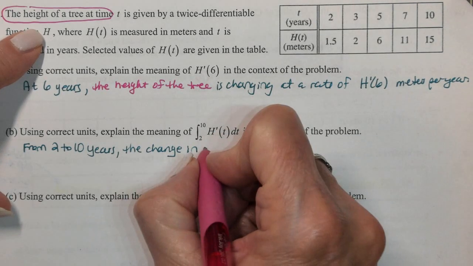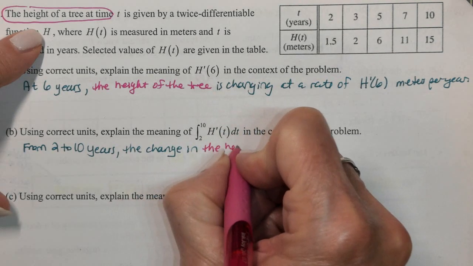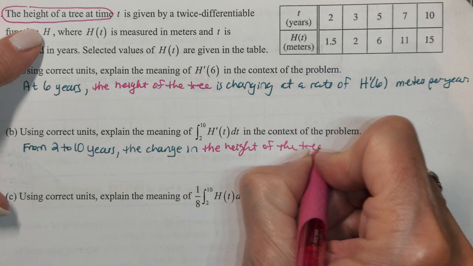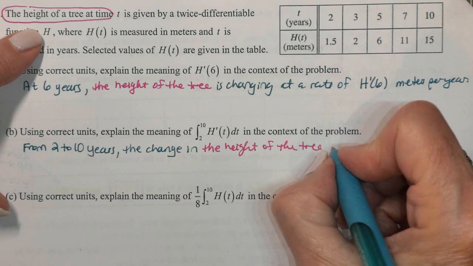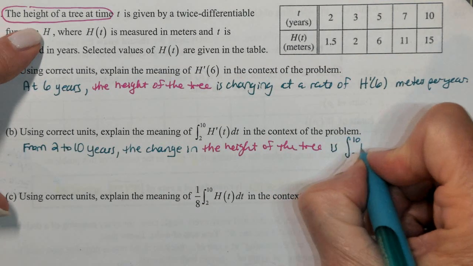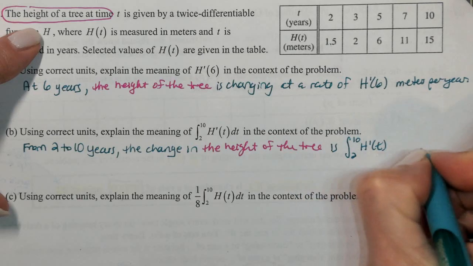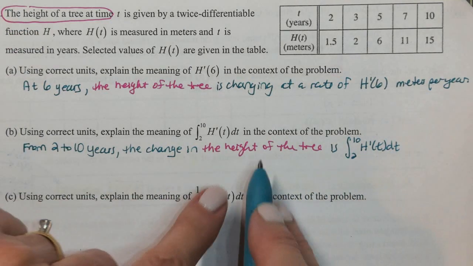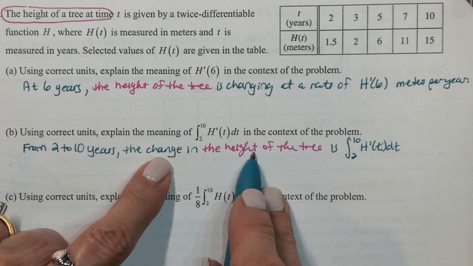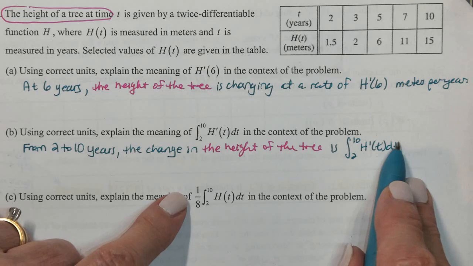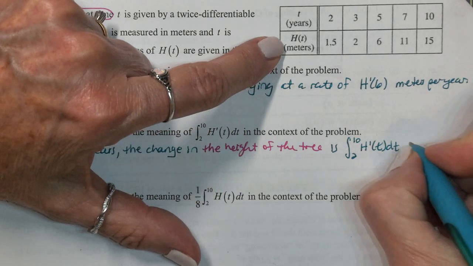The change in the height of the tree is this integral expression, and then the units of h only, because you're going to get back h, so units of h only, meters.